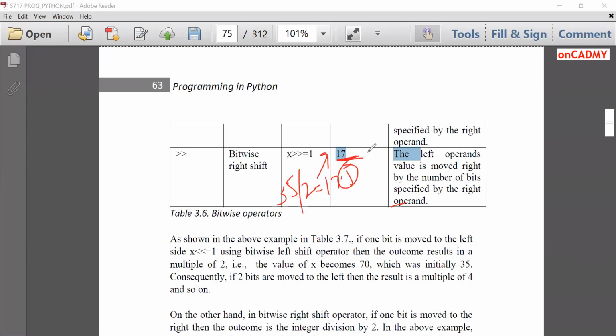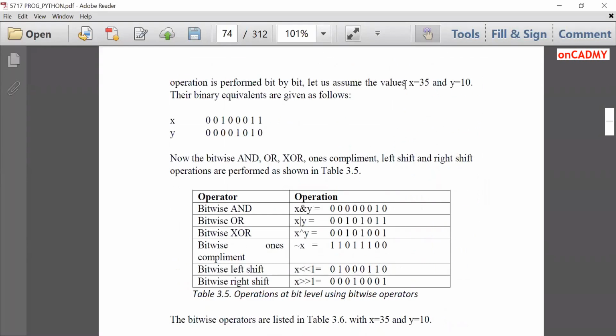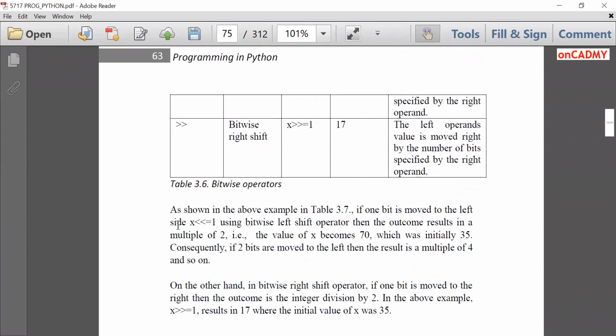So the answer will be 17. So this output is for x. I mistakenly told that this is for y, this is for x, which is equivalent to 17. In the example previously, I have told about y, where 10 was divided by 2 and we got the answer 5. I hope you understand the concept thoroughly, how bitwise operators work.